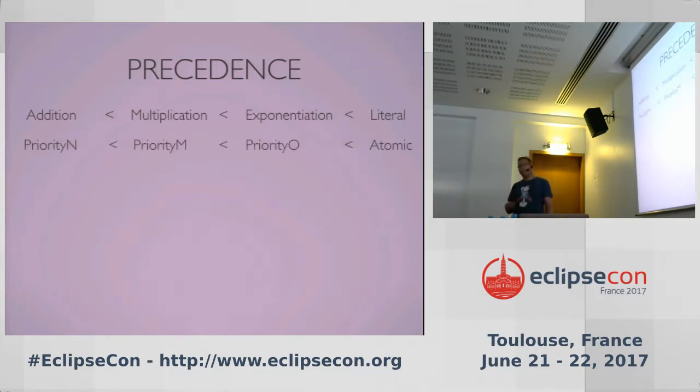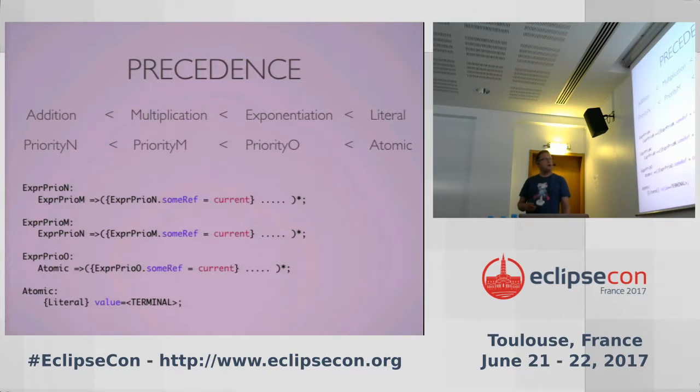Or a little bit more abstract, we have a chain of rules with different priorities. And the way to go there is, as we saw in Xbase, first call the next rule. So this will be passed. If we enter some literal, it will follow the atomic rule, and it's just an atomic.